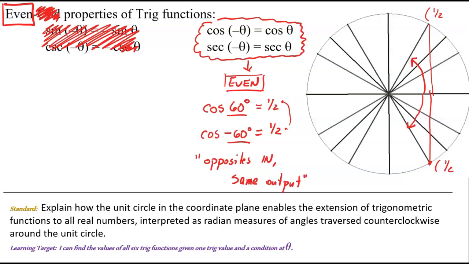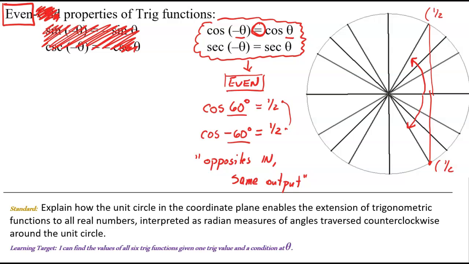That's what this statement actually says. It says if you plug opposites, theta and negative theta, into the cosine function, the outputs are equal. That's what even is by definition.